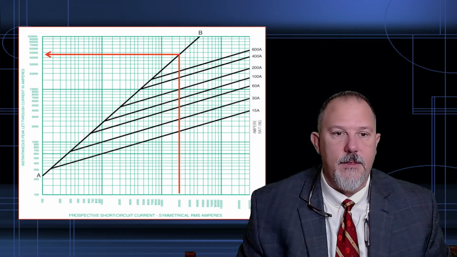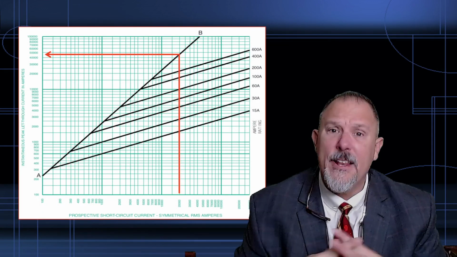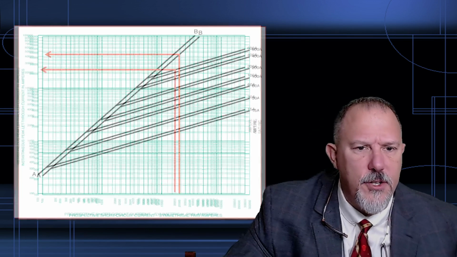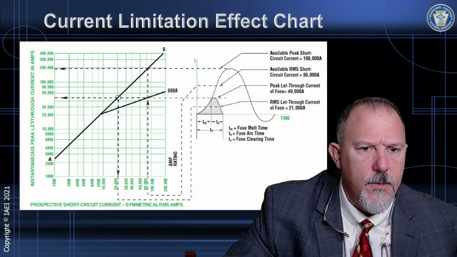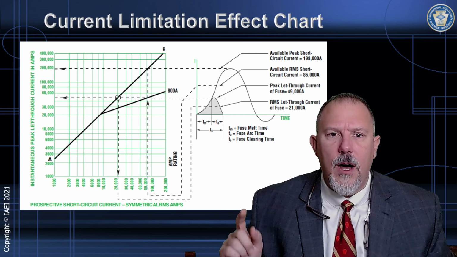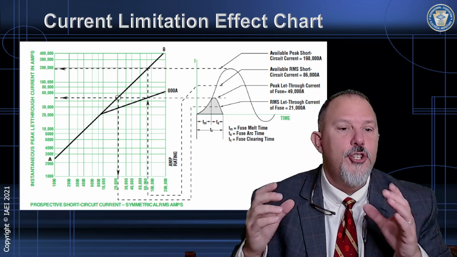There's my current limit. This is what we call a let-through curve. The AB line will tell you, and I'll show you the image. Where's it at? There it is. I love this image. So there's the AB line. If I go up and over, look across the bottom, it says short circuit current.